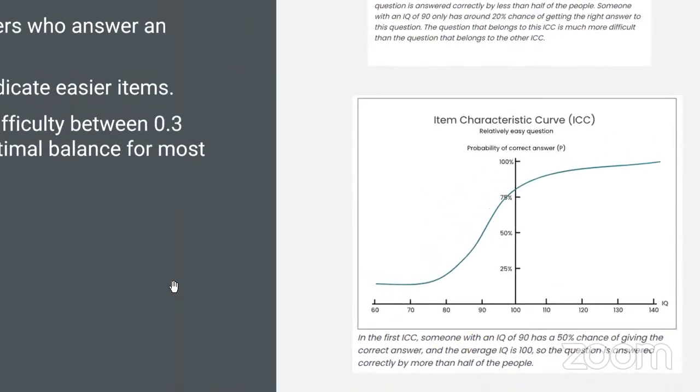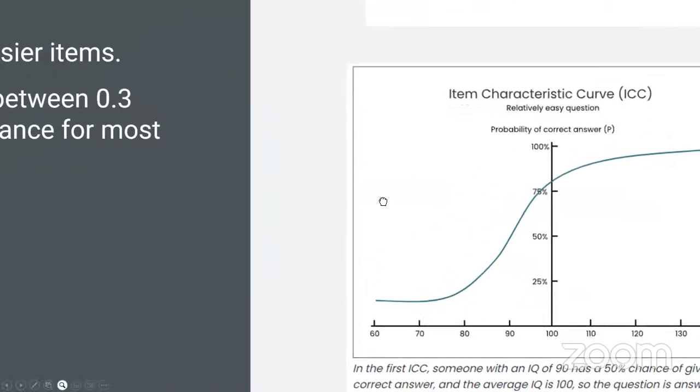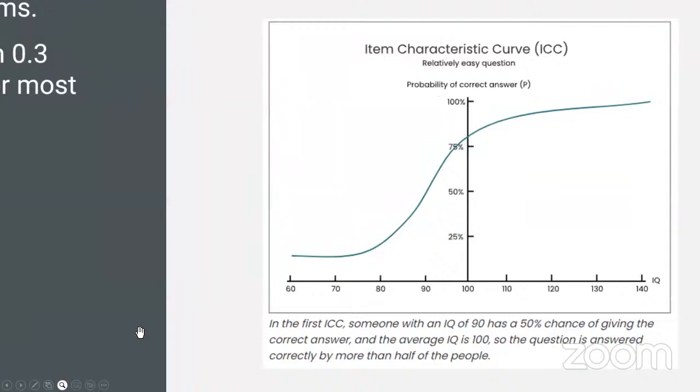Next. This is another item characteristic curve. Here you will find the score is 90, but the performance is better. In the first ICC, someone with an IQ of 90 has a 50% chance of giving the correct answer, and the average IQ is 100.